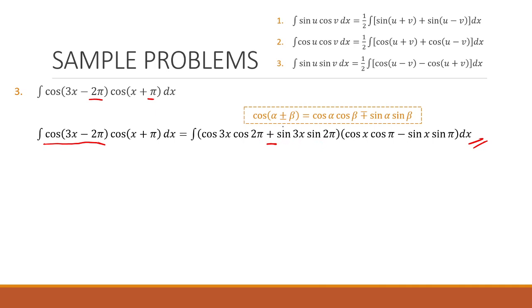The second cosine factor is a sum of two angles, so the identity should be a difference of two terms: cosine x times cosine pi minus sine x sine pi.